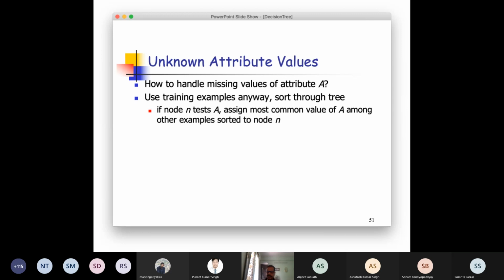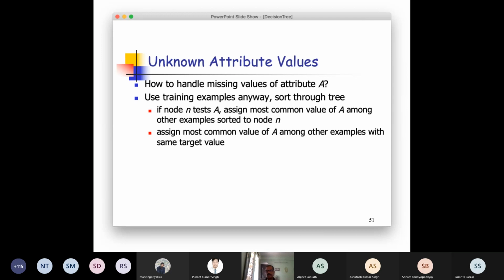One option is that you choose the most frequent value among the examples associated with that node.